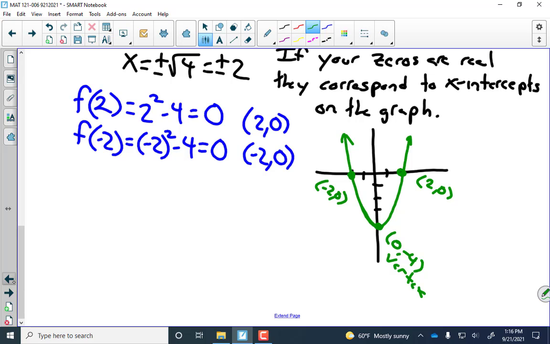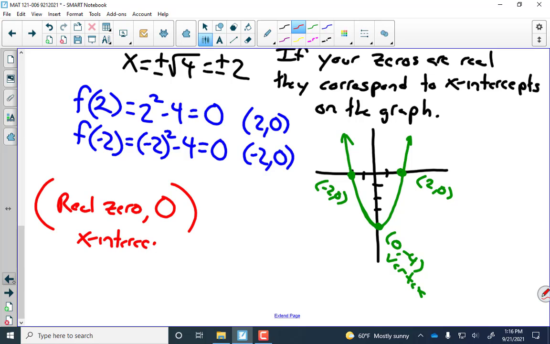And the graph looks like that. So a real 0 gives an x-intercept of a graph. But it has to be a real number, because imaginary numbers don't become ordered pairs and therefore don't correspond to x-intercepts.